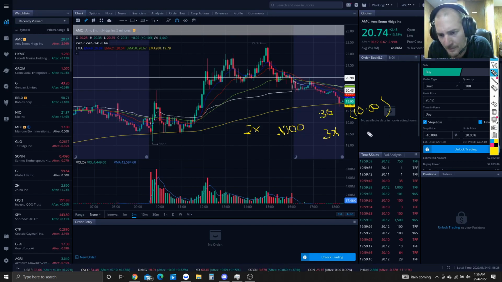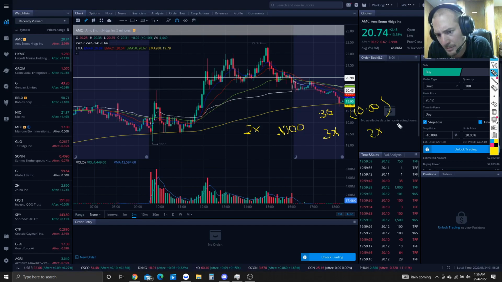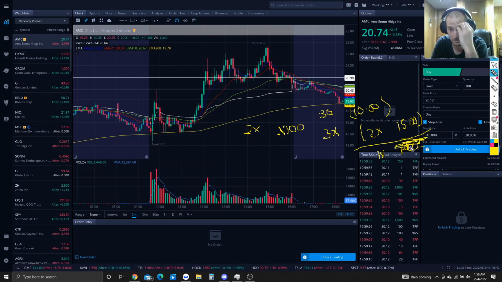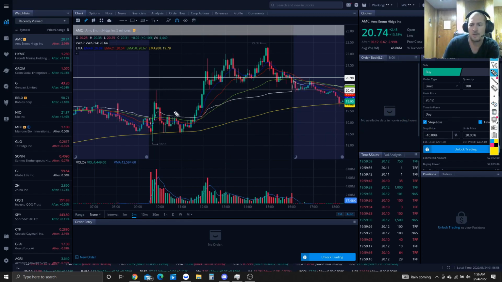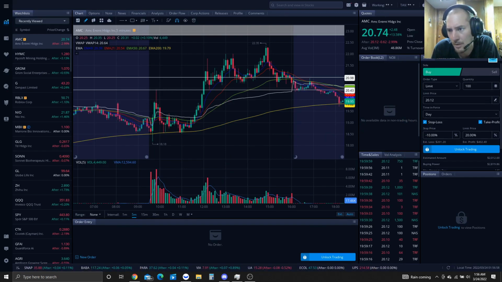So what happens if I sell 2 of those options for $15 is I cover the risk of the entire position. So now I have 1 free contract that I can do whatever I want to because it's free. It's 0 risk here. I can hold this all day, doesn't matter. I literally cannot lose money on this play. I will do that every single time. 0 questions, no hesitation.